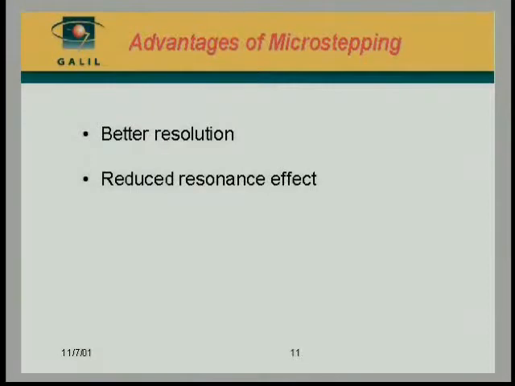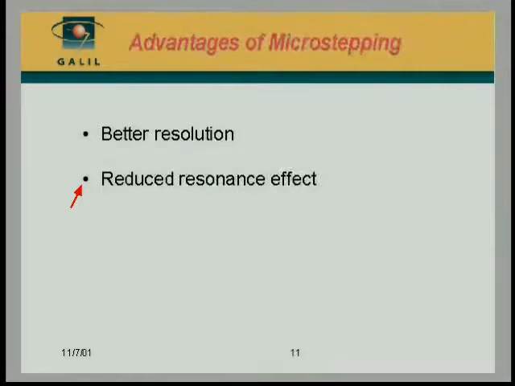Another effect is the reduced resonance. As we mentioned, the motor would tend to overshoot. Let's, just for the purpose of discussion, assume it overshoots by 50%. If you advance it by 1.8 degrees, a full step, it would overshoot by 9/10 of a degree, which is large. But with microstepping, we take the 1.8 degree step and divide it, say, 100 times.